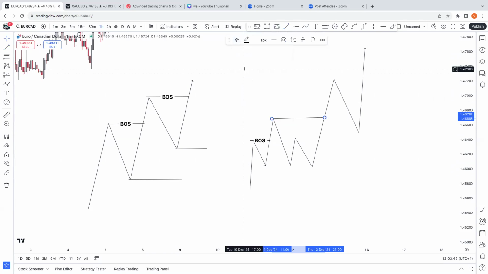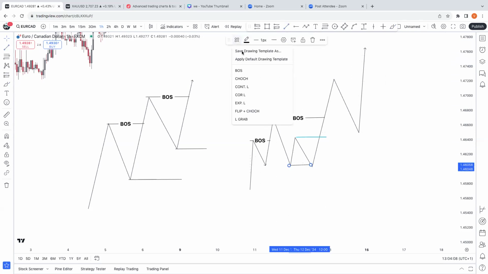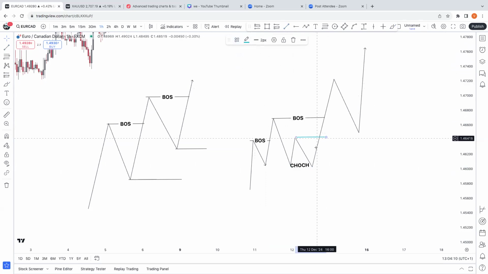Now, why is this the second BOS and not this point? Some persons are going to say this is a change of character. But this is actually not a change of character. Now, I'm going to explain why. Let me label it.